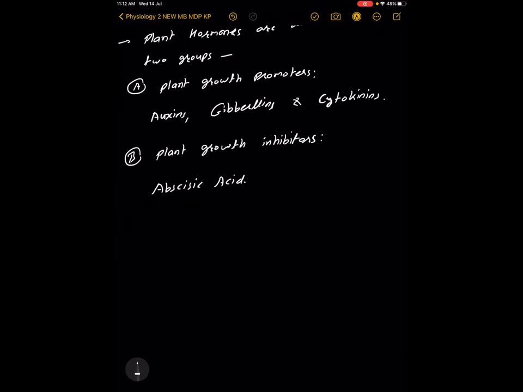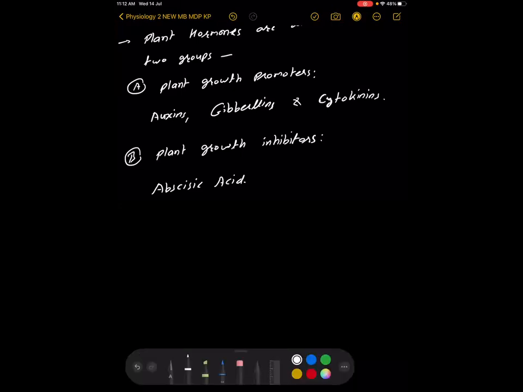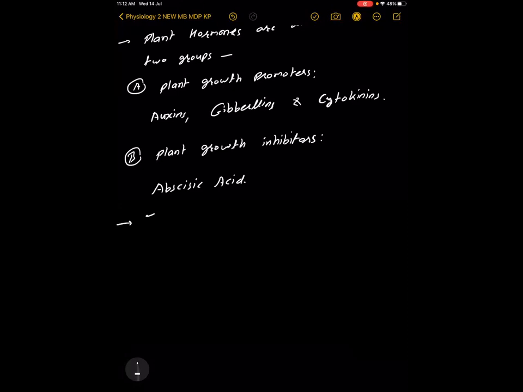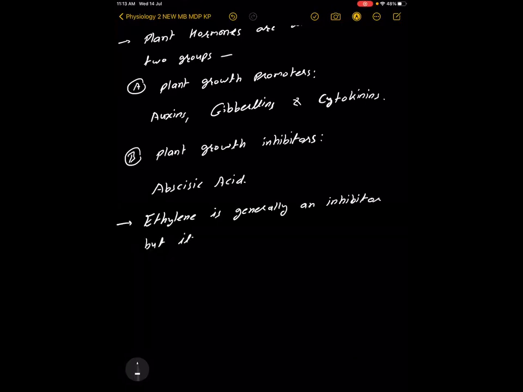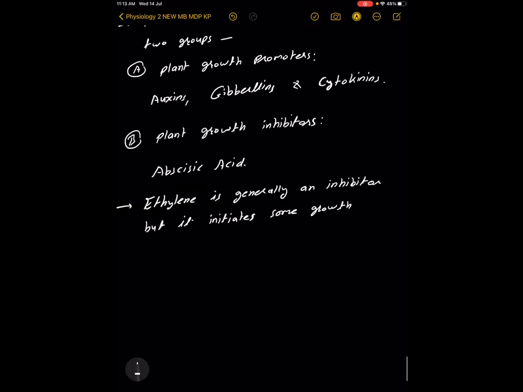But yes, some actions are stimulated by ethylene. So here I'm writing separately: ethylene is generally an inhibitor, but it initiates some growth activities in plants.